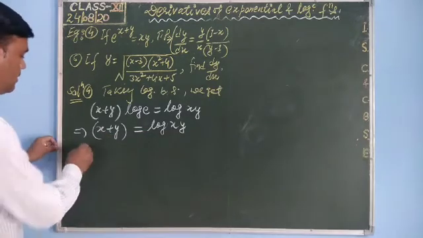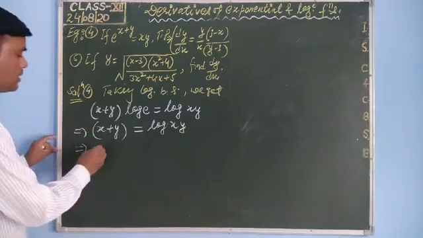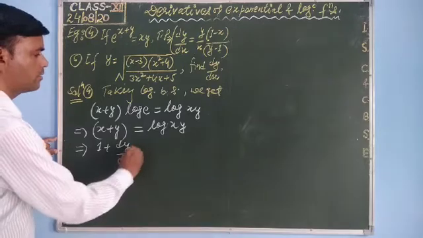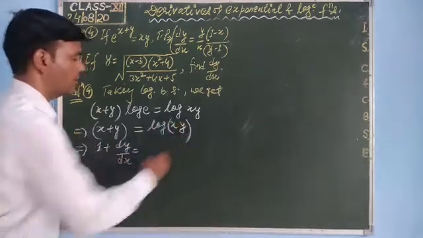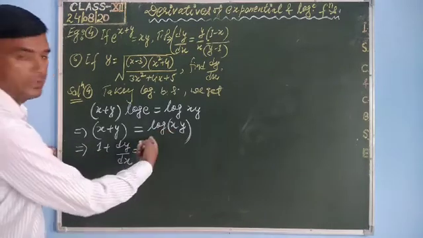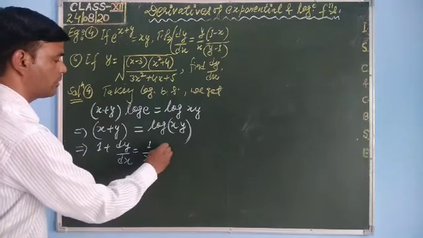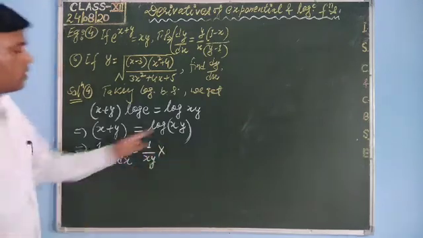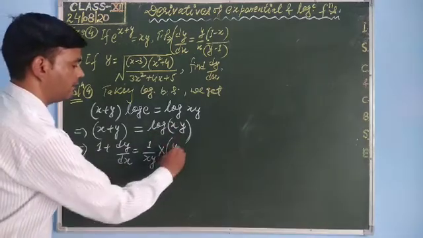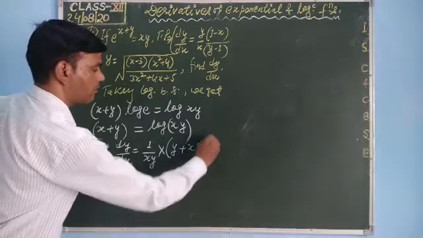It is very easy. Differentiating both sides with respect to x, the derivative of x with respect to x is always 1. We get dy by dx is equal to the derivative of log xy, which is 1 upon xy using the chain rule, into the derivative of xy, which is y plus x dy by dx.